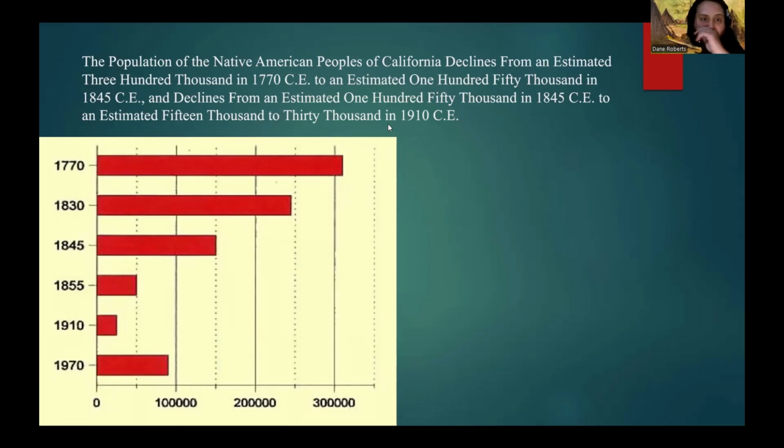So just under the administration of the United States, the population of the Native American peoples of California declined drastically, leaving only 10 to 20% of the initial population of Native Americans that were present when the United States gained California.